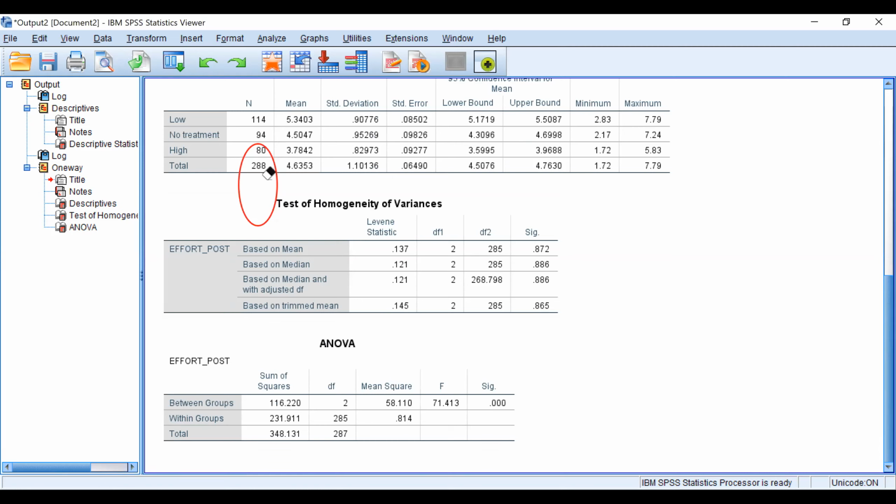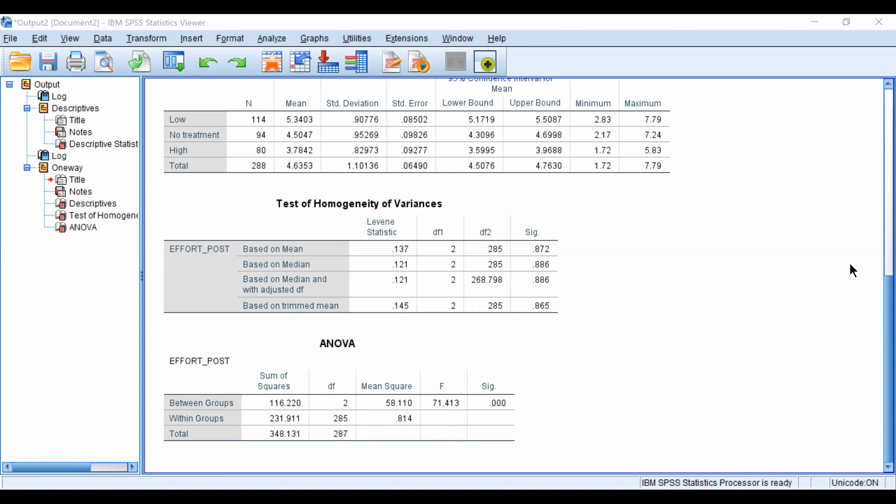Get rid of that circle. If you look at the test of homogeneity of variances, the values are all significant. With assumptions, and homogeneity of variances is an assumption, you want the test of the assumptions to be supported, or you want to maintain the null hypothesis for an assumption.